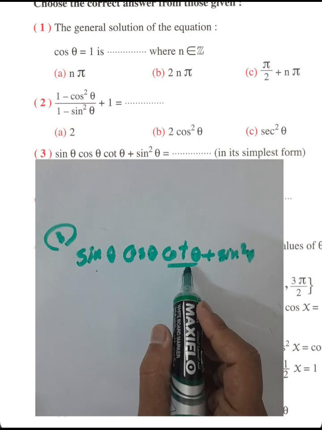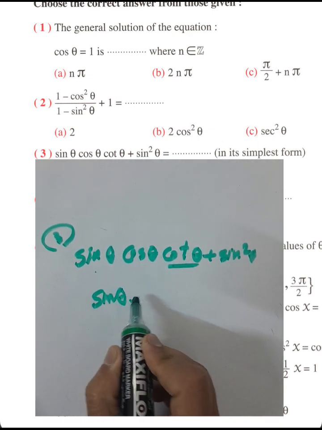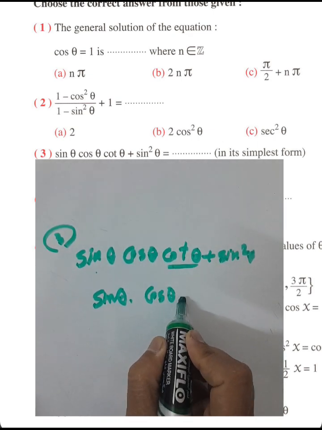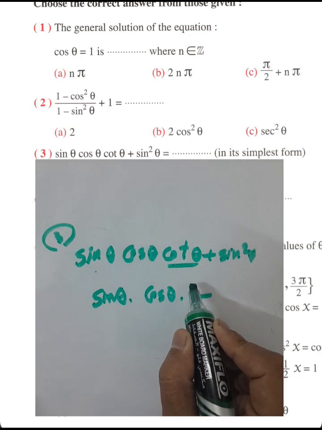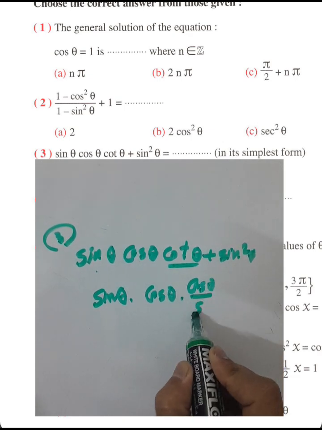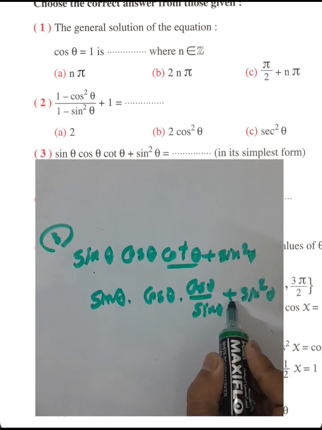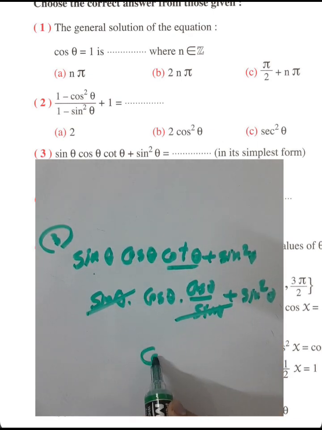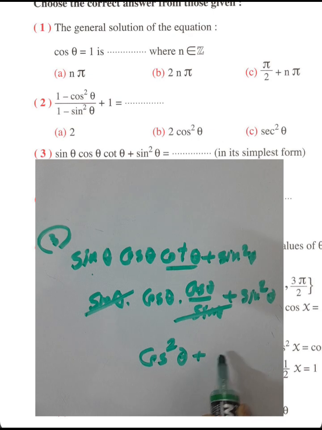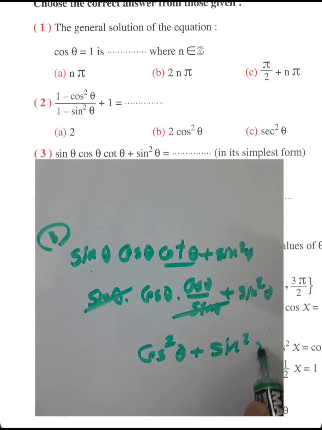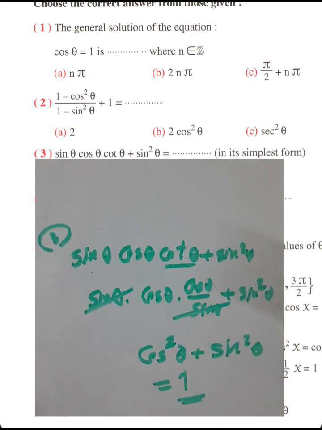We can write sine theta times cosine theta times cosine theta over sine theta plus sine squared theta. We can cancel sine by sine, and cosine times cosine is cosine squared theta, plus sine squared theta. The sum of them equals 1. The result here will be 1.